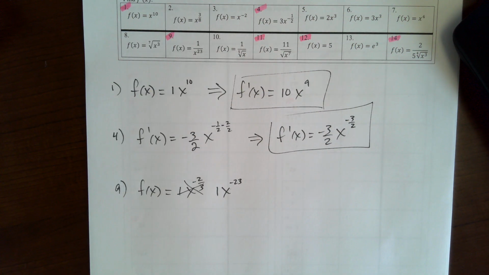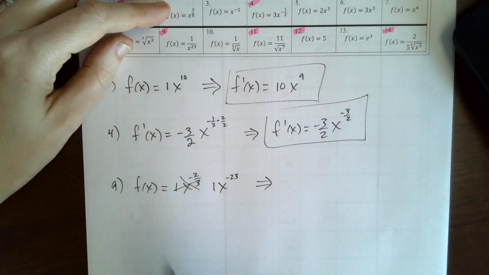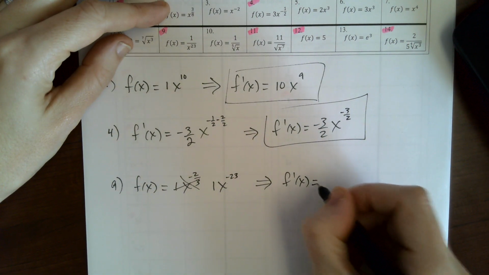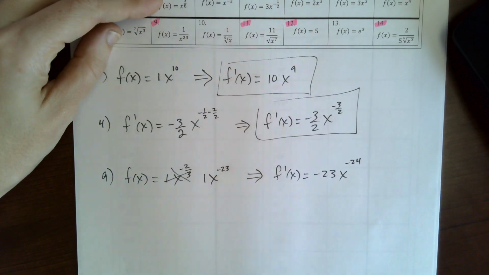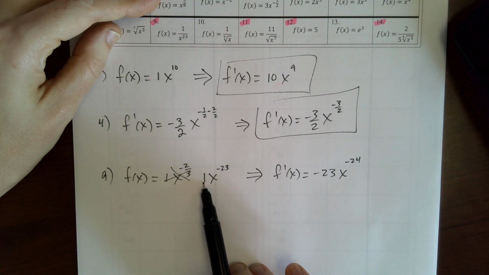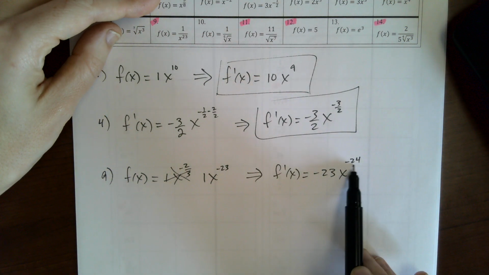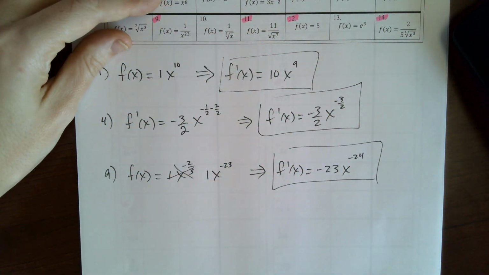Okay, so I put it in ax to the n form, and now this is a one-step derivative. So f prime of x is negative 23rd x to the negative 24th. All right, I multiply my coefficient by the exponent to get my new coefficient, and then I subtract 1 from my old exponent to get the new one.